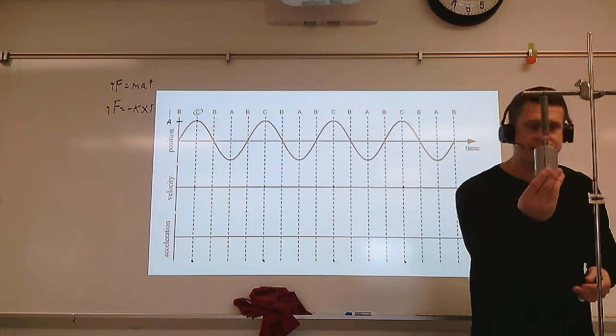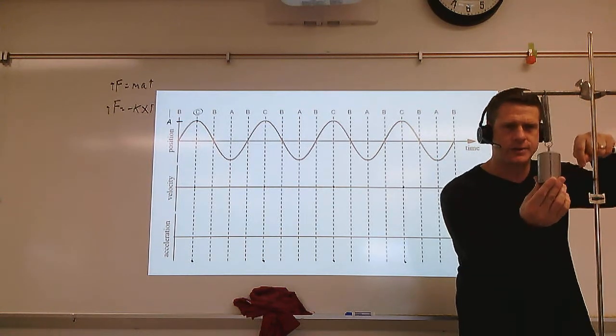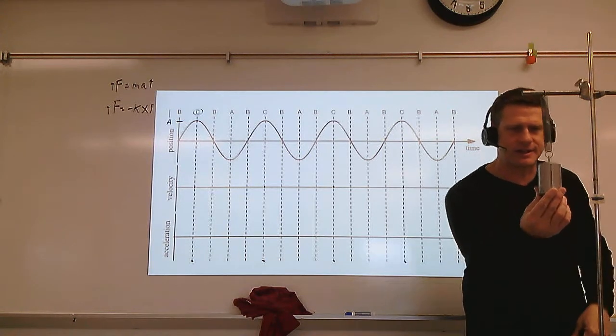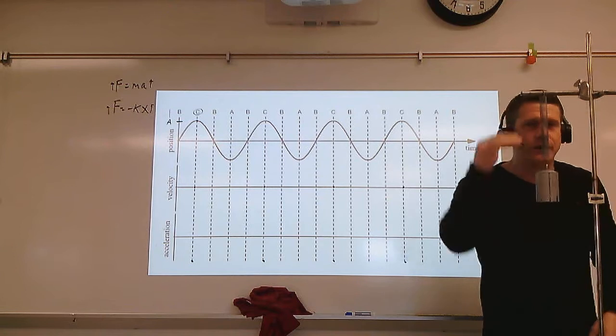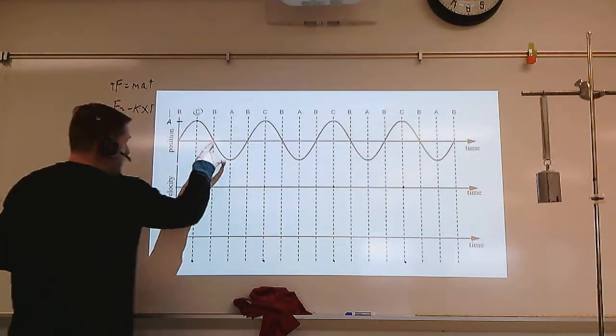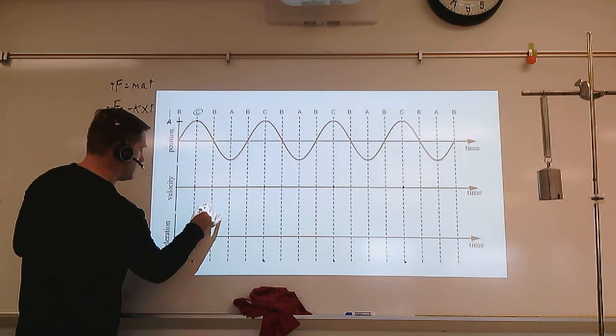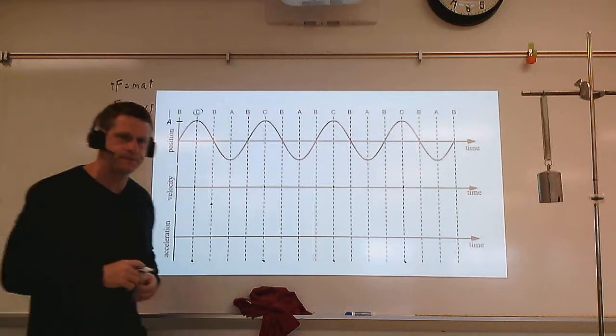The other way to explain that is this. This thing is now compressed, so it's exerting a force downwards. That force is causing an acceleration. This thing accelerates. It's going faster in the negative direction. So once we reach this zero spot, we have reached maximum negative velocity.